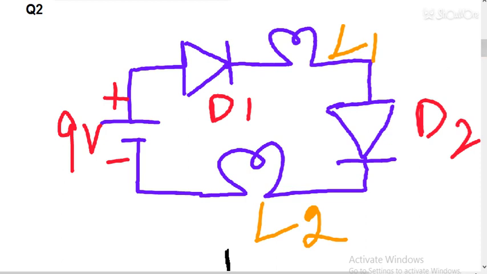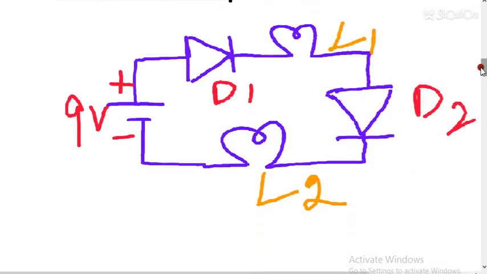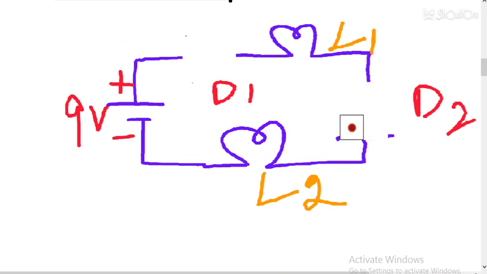Its modified diagram is not required. In the simple way, if a modified diagram is required, then it will contain the closed circuit. So diode D1 is forward biased, D2 is also forward biased. So you can simply say this will be the modified diagram.